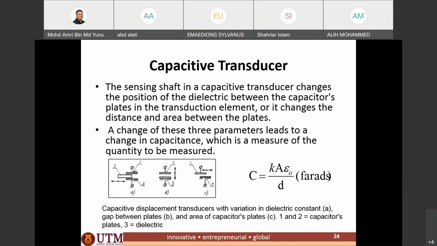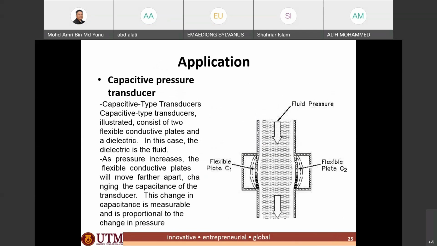For example, in the second case, the sensing shaft is attached to one of the plates, and the plate is moving vertically. And in the third case, the sensing shaft is attached to the top plate, and it moves in the horizontal direction.